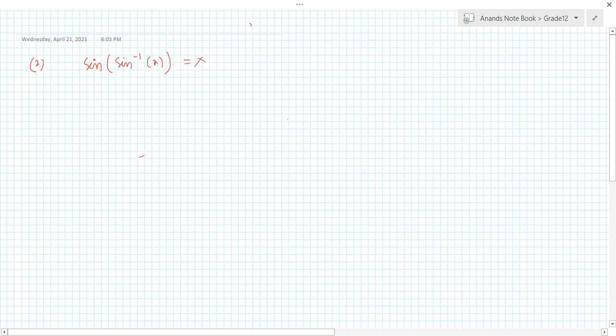Here x belongs to minus 1 to 1. The brackets are wrong. How will you go about it?